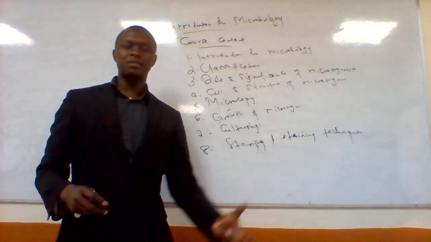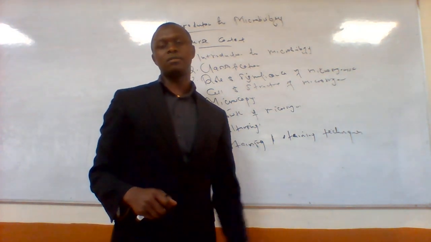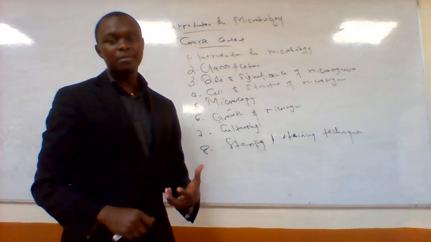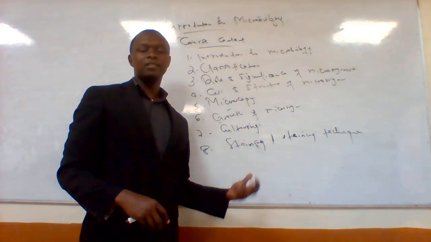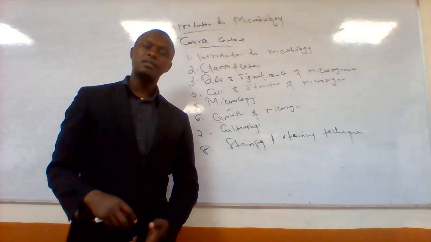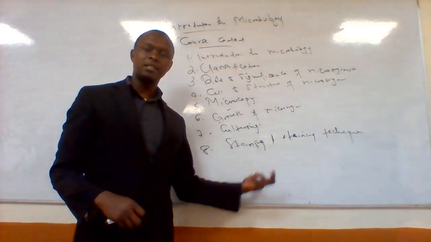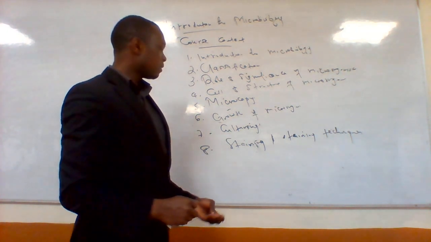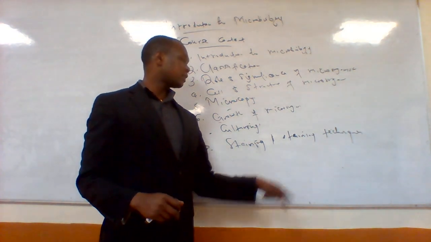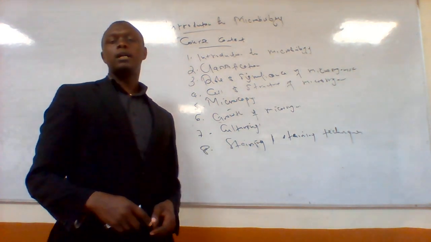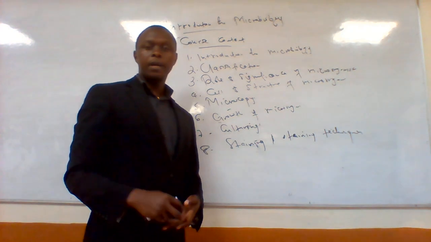So for us to observe the structure and the components of the cell, we have to stain them. We're going to look at the various stains used, for example, the Gram stain, the carbol fuchsin stain, among others, and how to use them in our normal microscopy work.